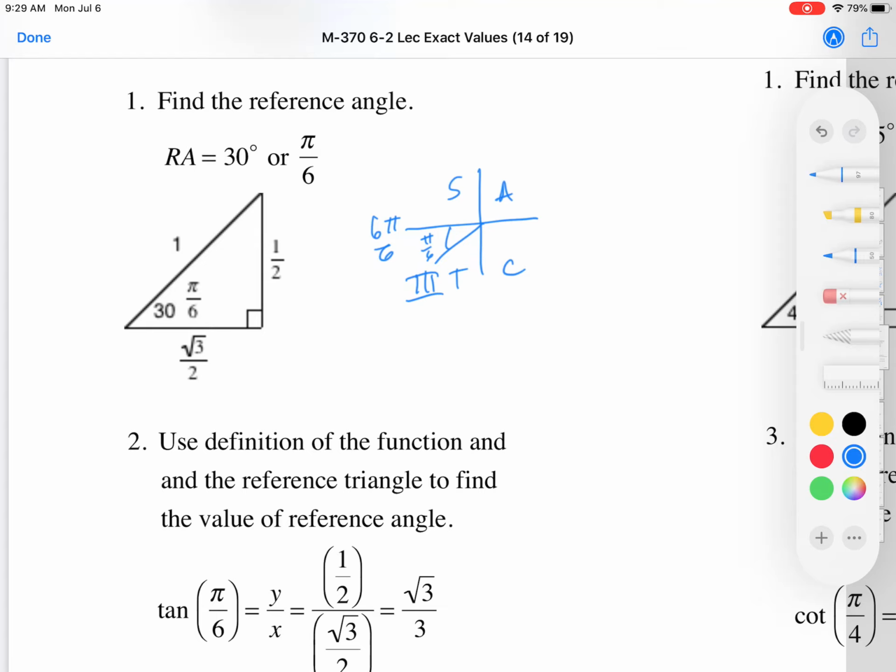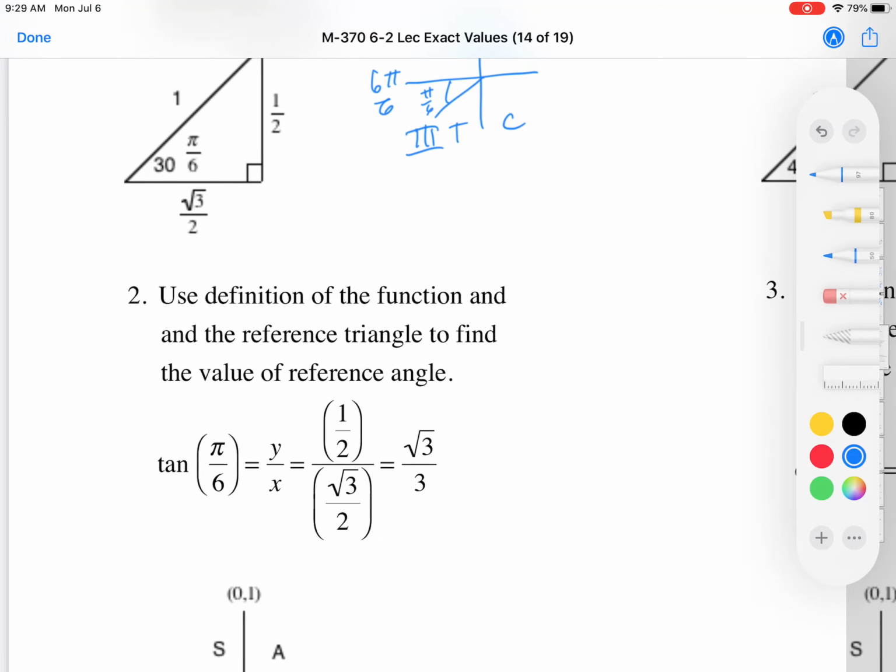It's tangent. Tangent is y over x, right? It's written down here, or 1/2 divided by root 3 over 2. When you flip and multiply and rationalize the denominator, you get root 3 over 3. Let's watch that happen really quick. Apologize, I needed to flip that.